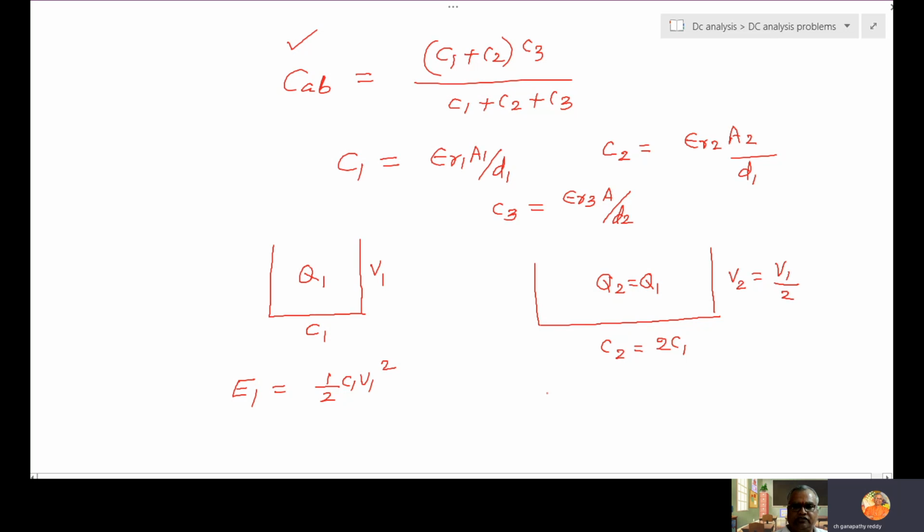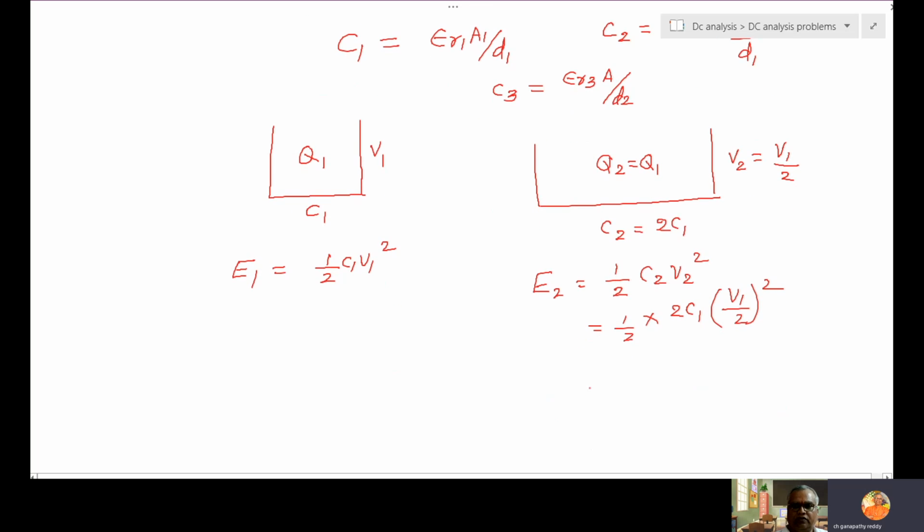So then what is the energy now? E2 equal to half C2 V2 square. This is half, but what is C2? 2C1. What is V2? V1 by 2 square. This is equal to half into 2C1 V1 square by 4.